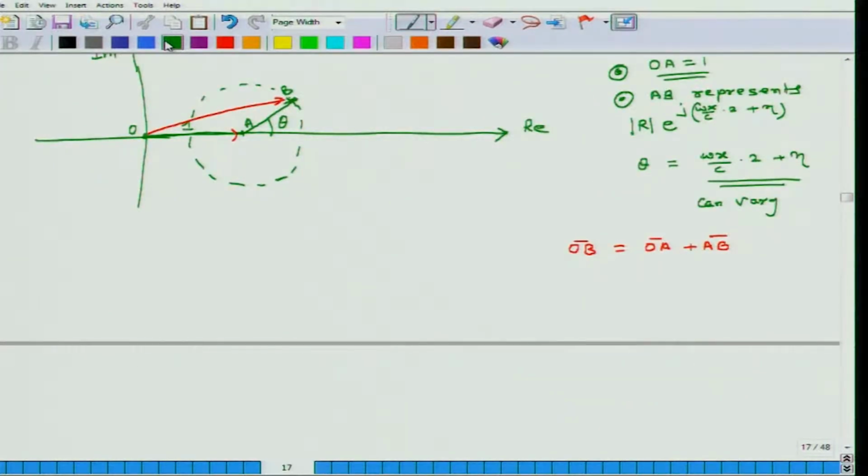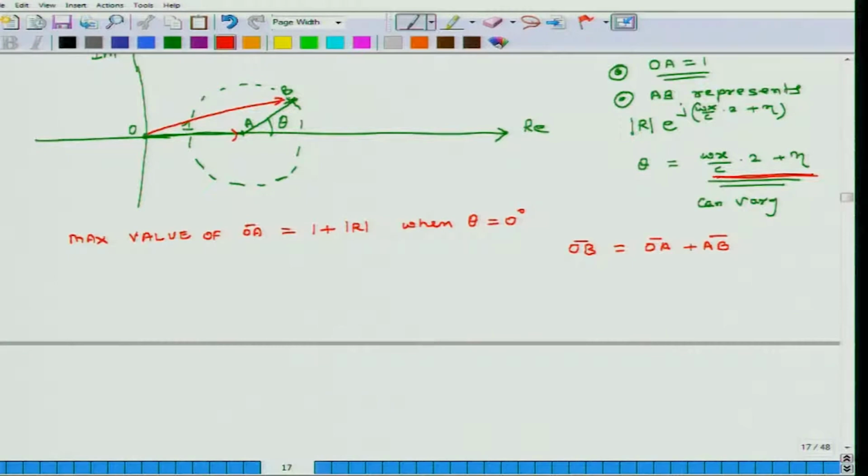Now what we see from this picture is that the maximum value will be when theta is 0 degrees. That does not mean that x will be 0. The value of theta is this. So when it is 0, there will be some value of x which corresponds to theta being 0.